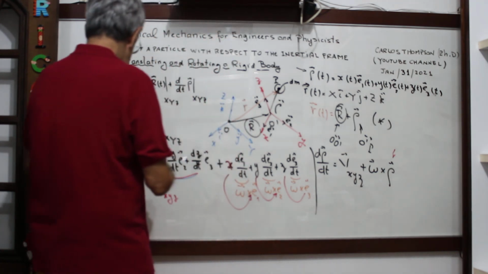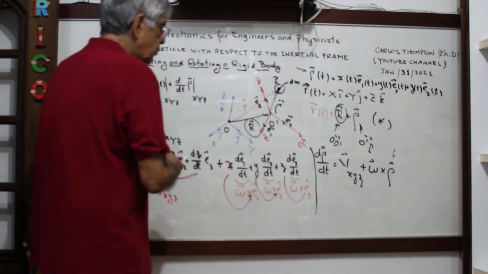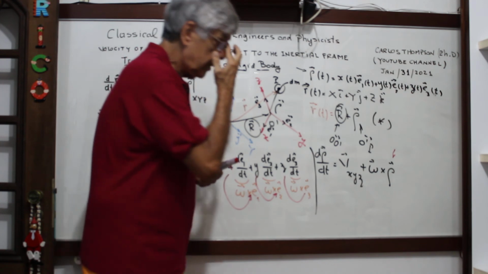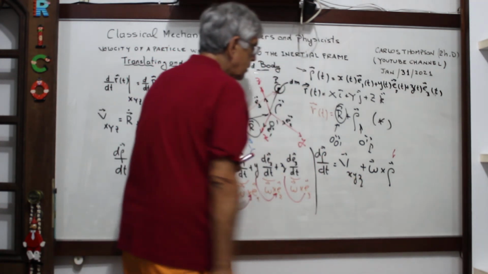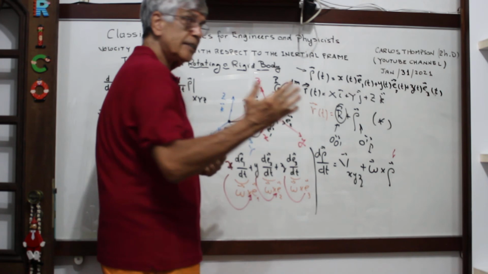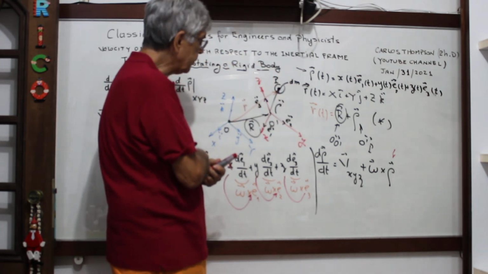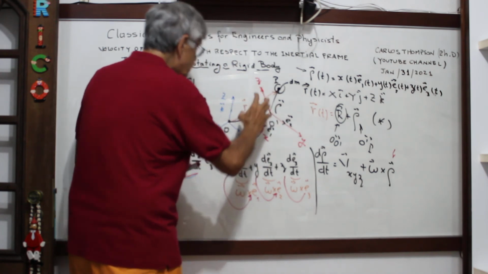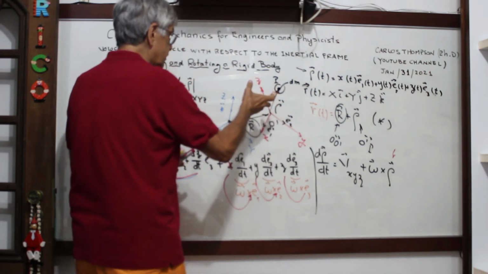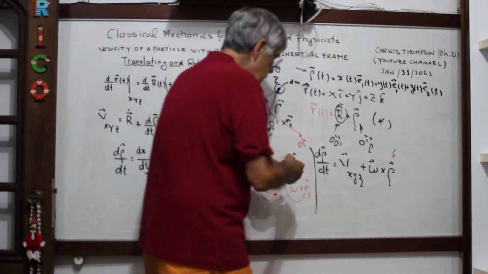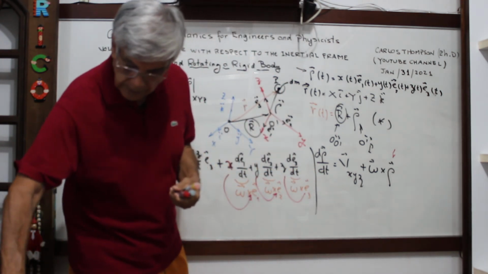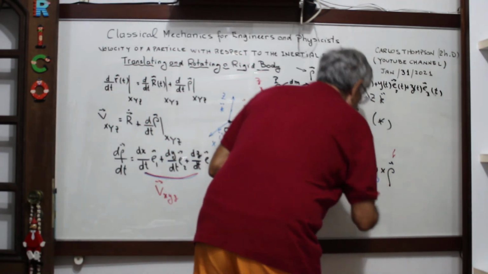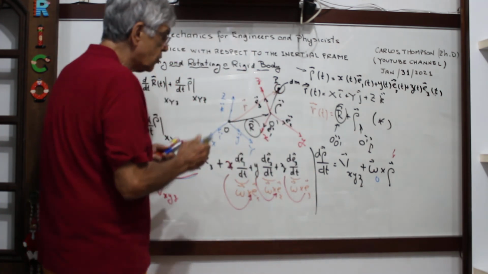So then d rho/dt is the sum of the velocity of this particle as seen from O prime, plus the rotation, attention now, of the rotating system with respect to O. That's why sometimes I use this as the rotation with respect to O. O is over here, the inertial frame.